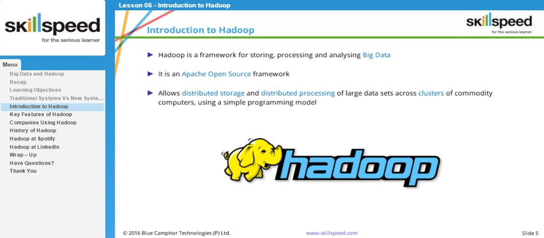The key point that you have to note down here is commodity computers. Commodity computers means low and cheap servers, for example, entry-level servers. If you look at any traditional solution for storing and analyzing data, such as Oracle, Teradata, Exadata, or any sort of databases or OLAP machines, they all require high-end servers to be part of the hardware.